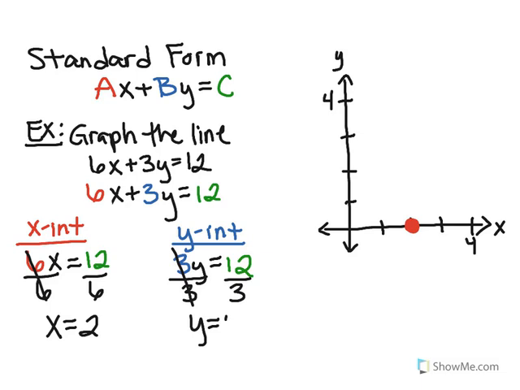And I have y is equal to 4. So up on the y-axis, I'm going to make 4 a point, nice and big and bold. There we go. Now that I have my two intercepts in place, I can connect them like this to make my line. And that's how you use standard form.